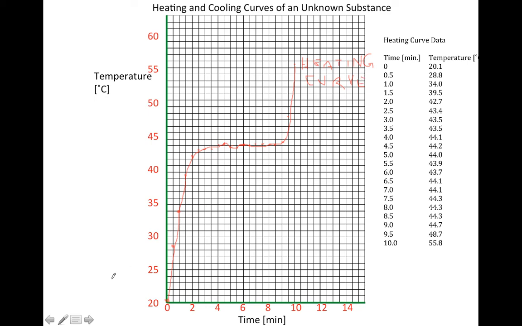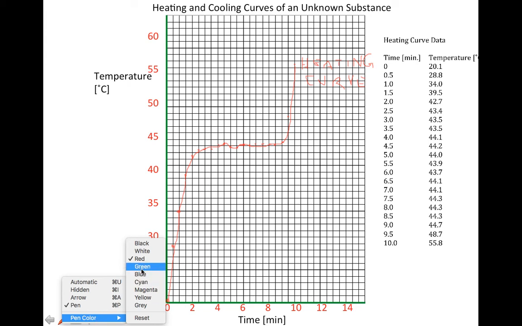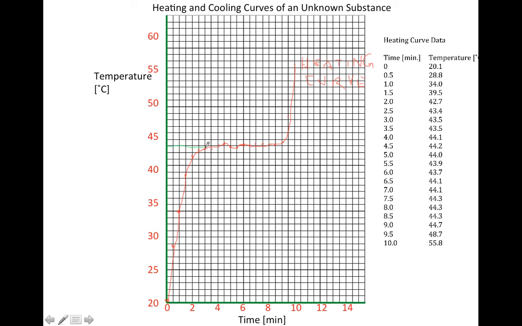Now the other thing we care about, and I'm going to change the color here if possible. I'm going to use a green line here. And right in here, I would take a ruler, and I don't have a ruler for this, so I trace a line from there, and then I write down M and P. MP stands for melting point.